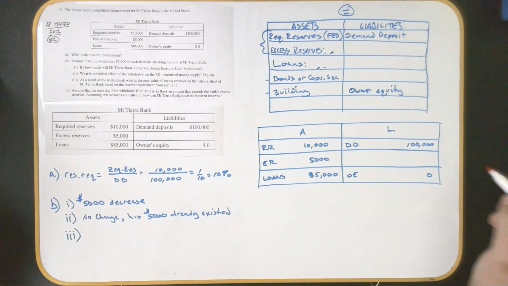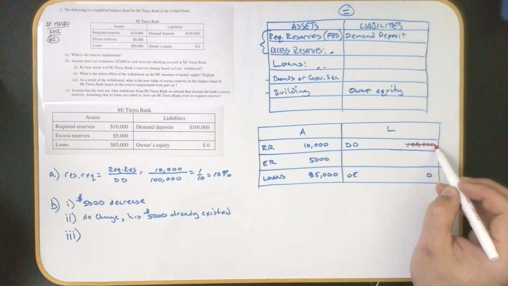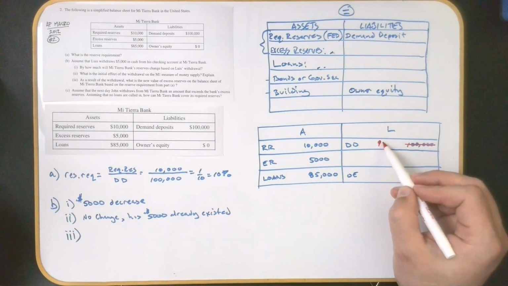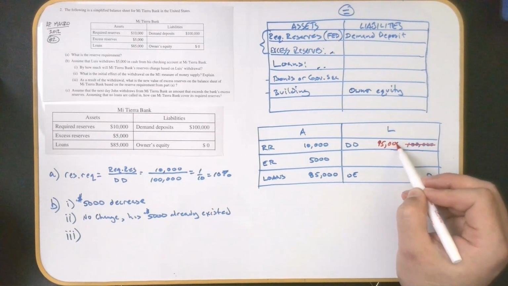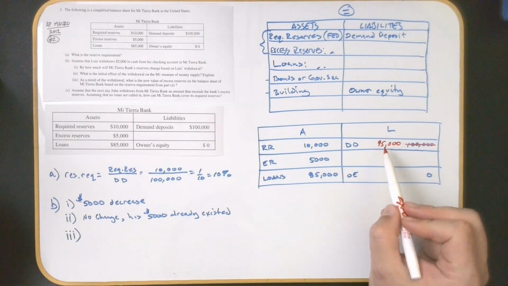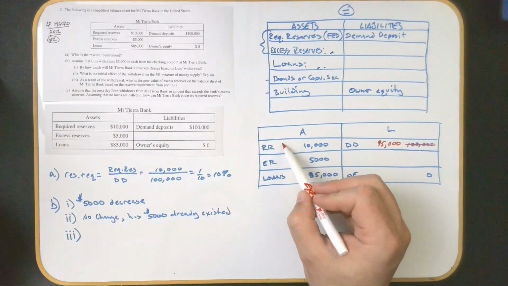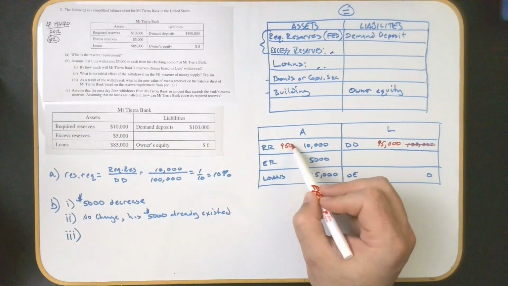Okay. Well, then right away, when they give him his $5,000, the demand deposits for this bank have dropped to $95,000. They've lost a customer. So since this is now $95,000, our required reserves are no longer $10,000. Our required reserves have dropped to $9,500.